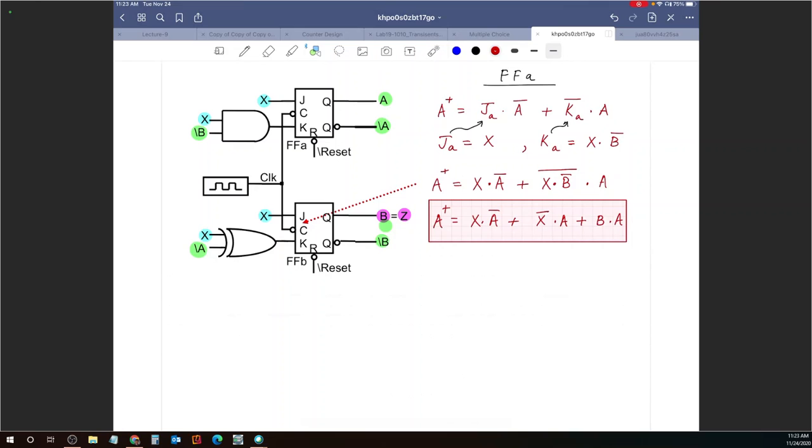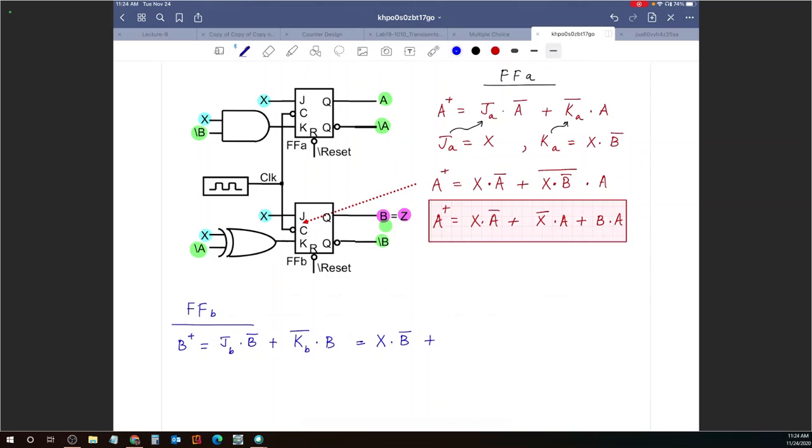Now I'm going to do the same thing for flip-flop B. Let's do it over here. B plus equals JB and B complement, or KB complement and B, which is essentially going to equal JB is X and B complement is B complement, can't do anything there, or KB complement.